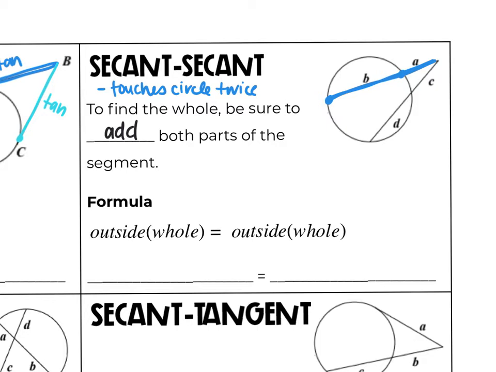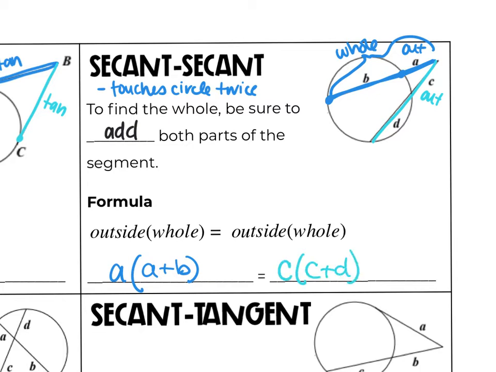For this first one, the outside is A, and then I have to add, so the whole will be A plus B. I have to be sure I include A and B. For the other line, C is my outside part, and my whole would be C plus D. Then it's important to make sure you distribute those to solve.